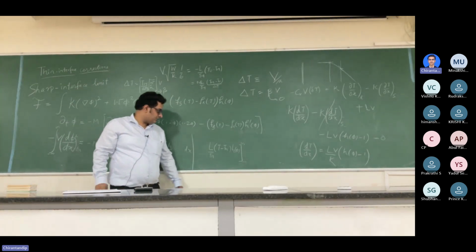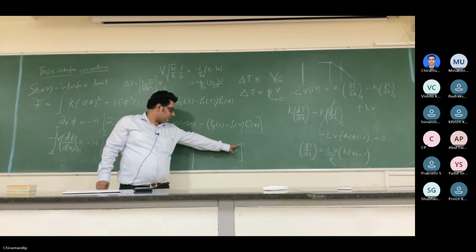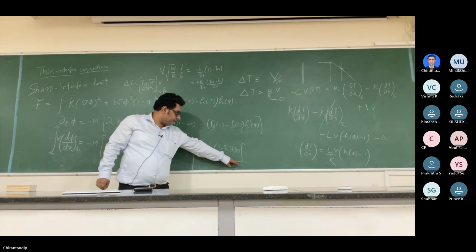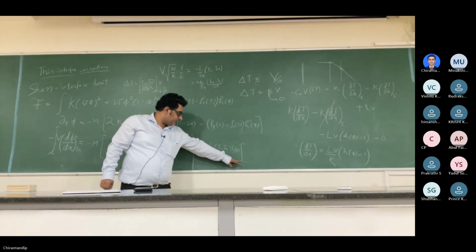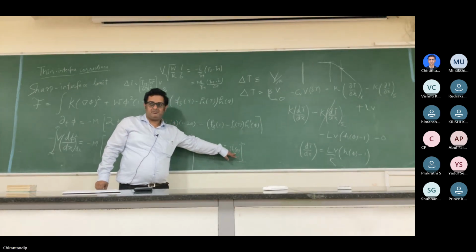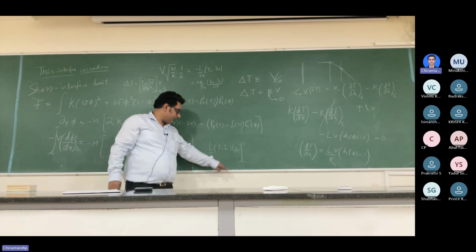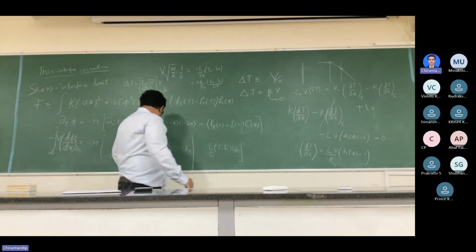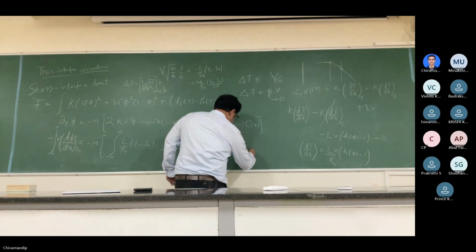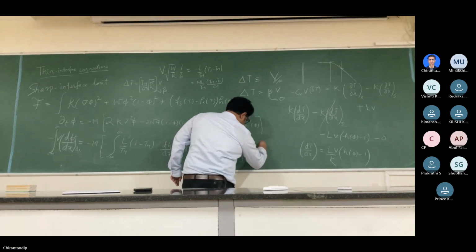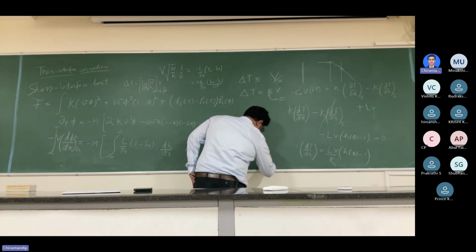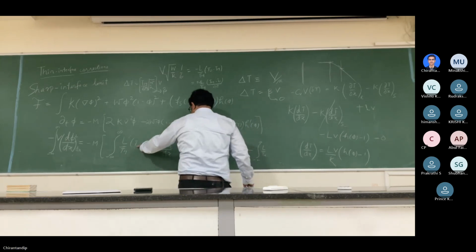Which is what? This will become essentially 1, right? And you have the second part, which is coming from here, L by Dm, dt by dx.